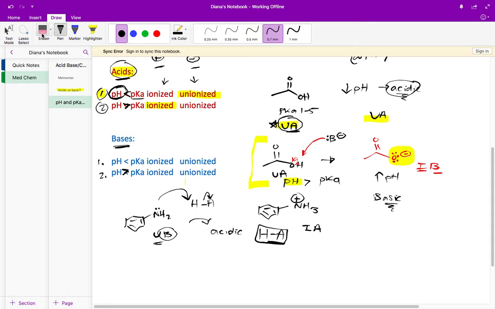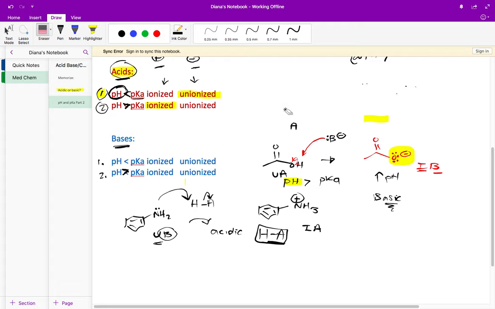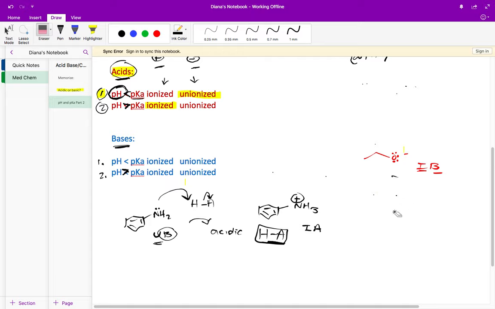And just so I can make this a little neater, I'm going to get rid of the previous example so we can really focus on bases right now. So with this base, notice how we started off with an unionized base, right? By now you should know why this is an unionized base. And then we're putting that unionized base in an acidic environment.